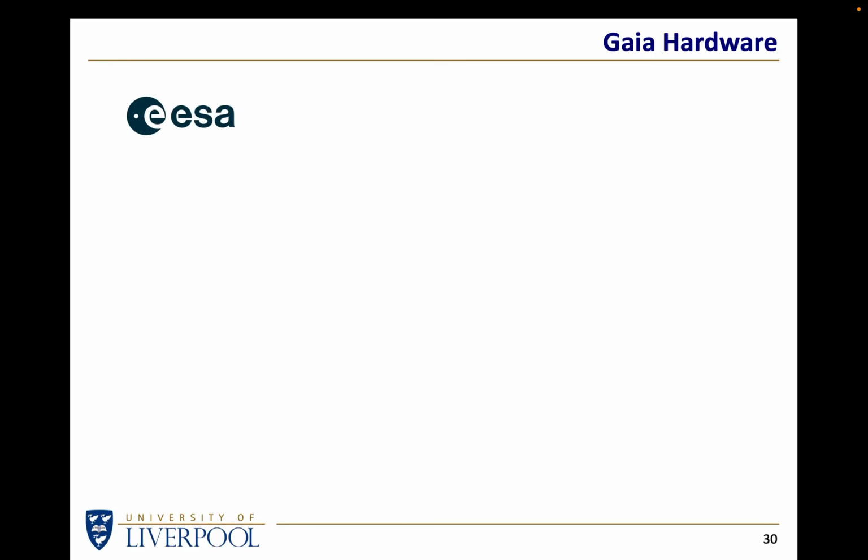Gaia is an ESA project. It's a European project. Various companies around Europe have collaborated to produce the hardware. So, for instance, the optics were built in Germany and France and Belgium. The detector was built in the UK. Hurrah. And some of the electrical systems were put together in the UK as well.